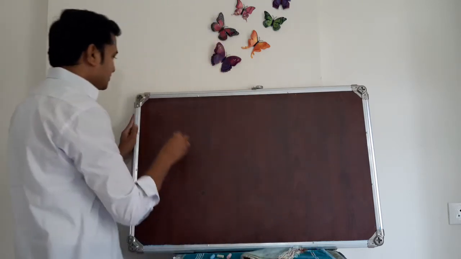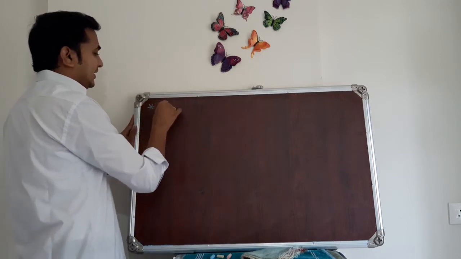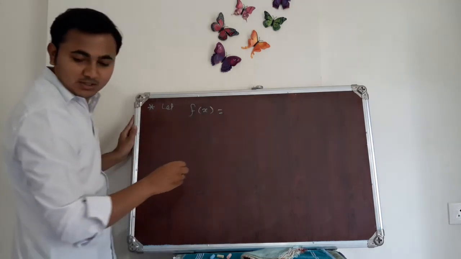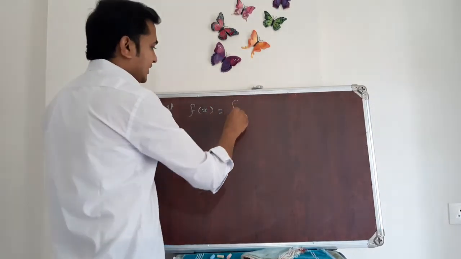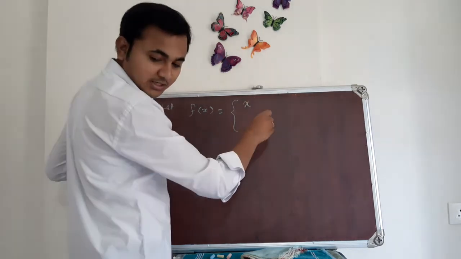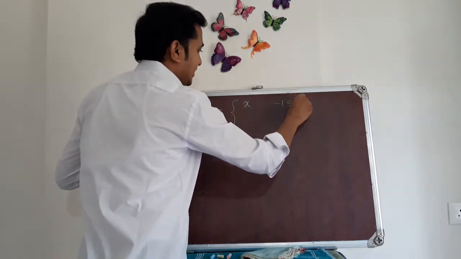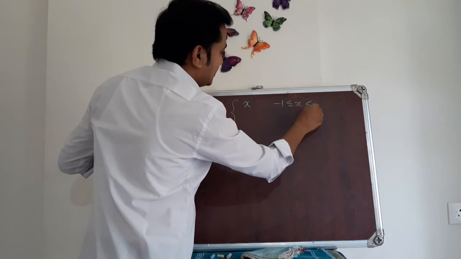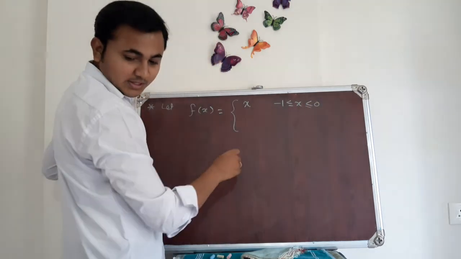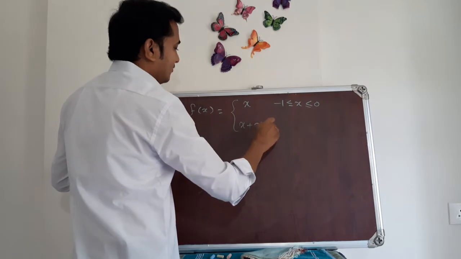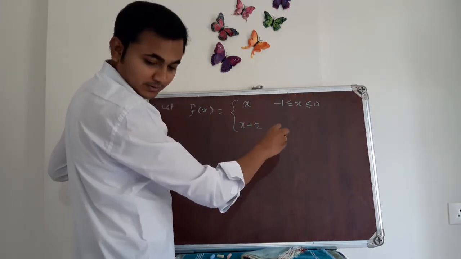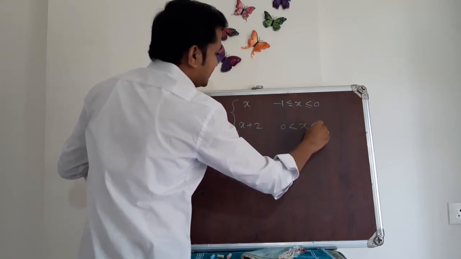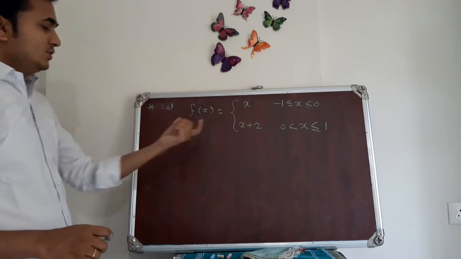So the second type is, let f of x be equal to something like this: x for the interval -1 less than or equal to x less than or equal to 0, and x plus 2 for 0 less than x less than or equal to 1.